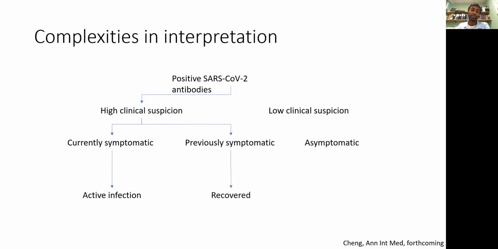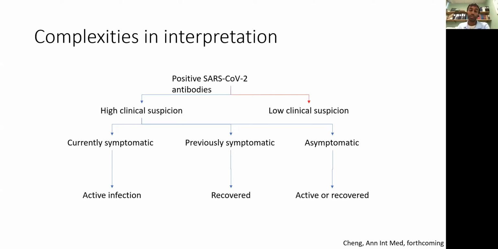If you have a high clinical suspicion and they were previously symptomatic but currently asymptomatic, it is possible that they have recovered from SARS-CoV-2 infection. And if you have high clinical suspicion and they're asymptomatic, because 80% of people don't have symptoms at all, it is possible that they still have active infection and you need to confirm with the PCR test, or that they have fully recovered and there's no way to really distinguish between the two.